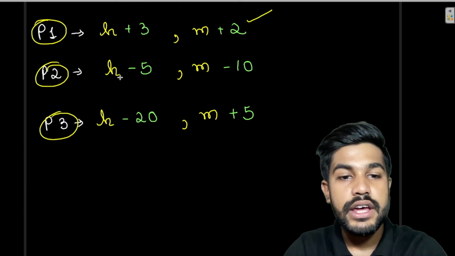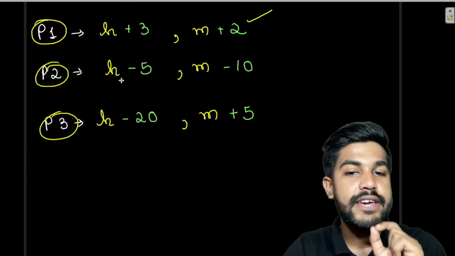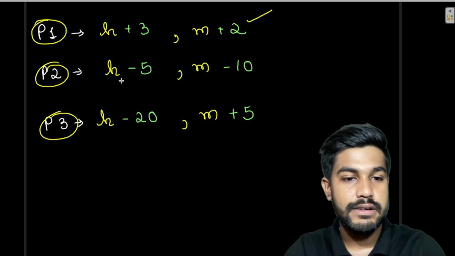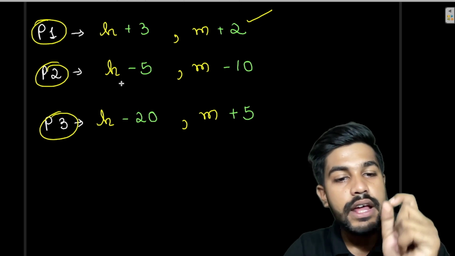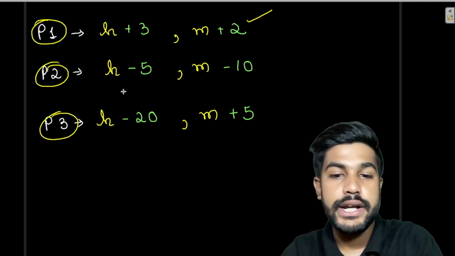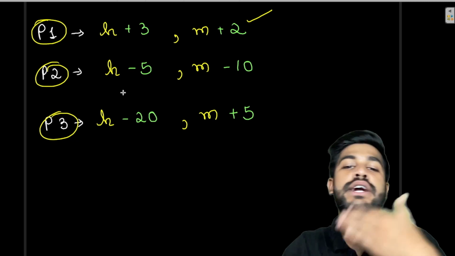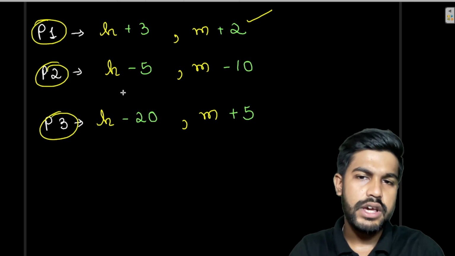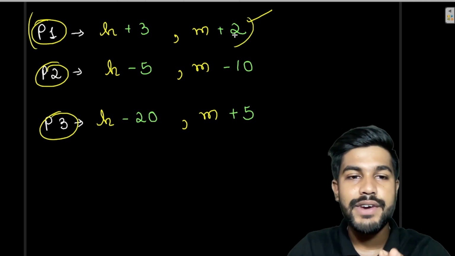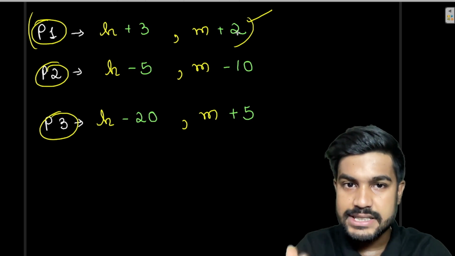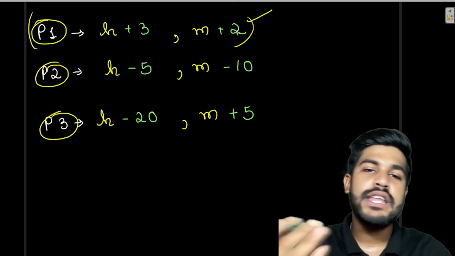The second way, the health would decrease by 5 and money would decrease by 10. In the third way, the health would decrease by 20 and the money would increase by 5. So the most profitable way would be taking the first path, and then we can proceed.